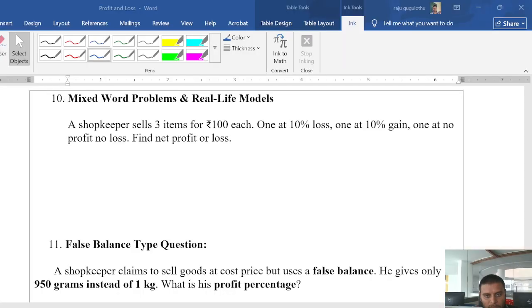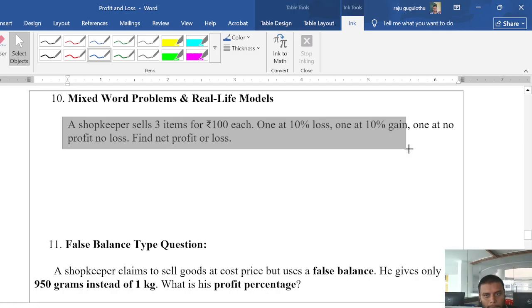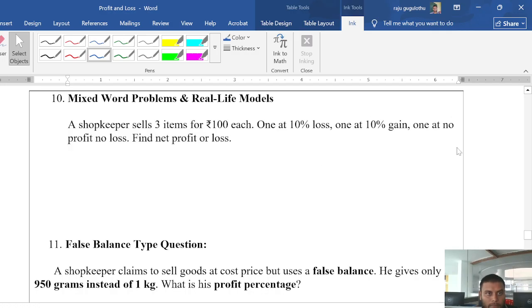It is also not coming perfectly. What is happening to this? Hmm?